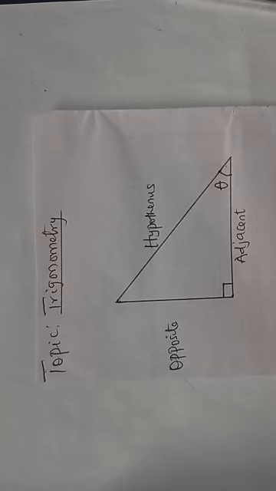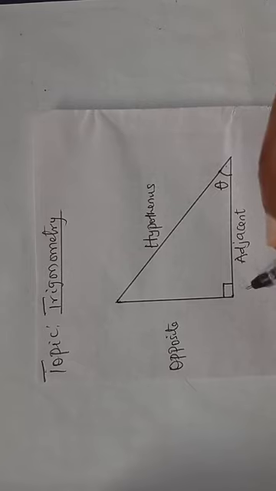Now, what you see on the screen here is a right angled triangle. A right angled triangle is a triangle that has one of its angles equal to 90 degrees.